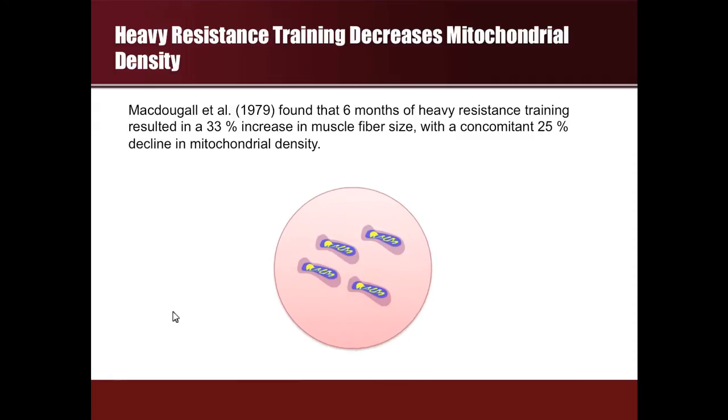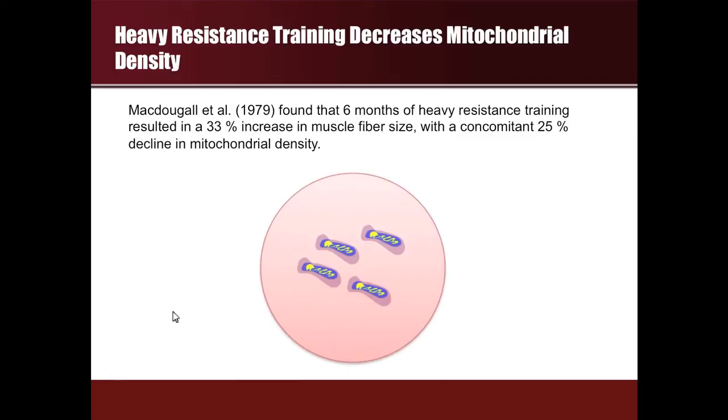What that means is that the myofibril growth was outpacing the mitochondrial growth. And again, think of mitochondrial growth as what some people call sarcoplasmic. While that name's controversial, we do know mitochondria increase. And in this case, when you lift super heavy, they're not increasing to the same extent as the myofibrils. So your density goes down.